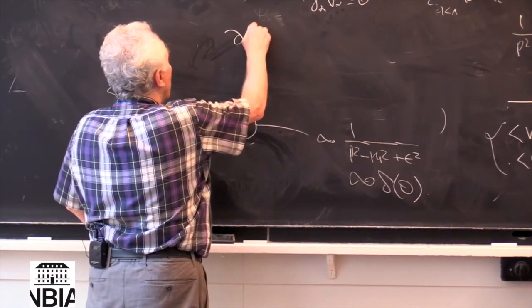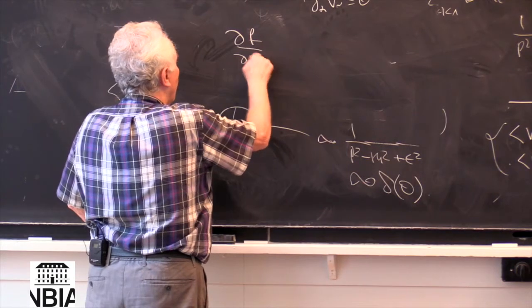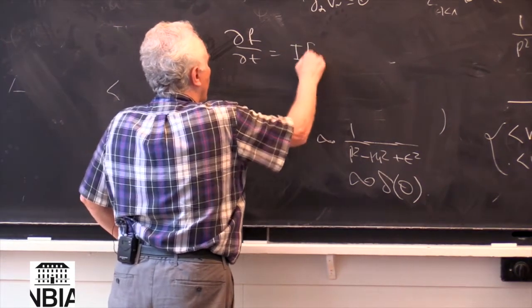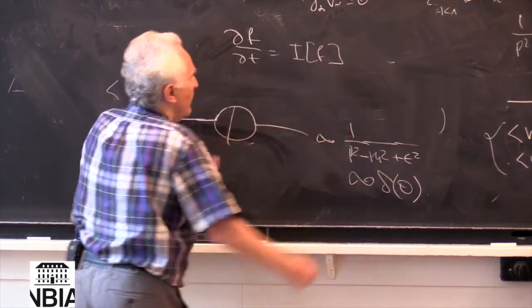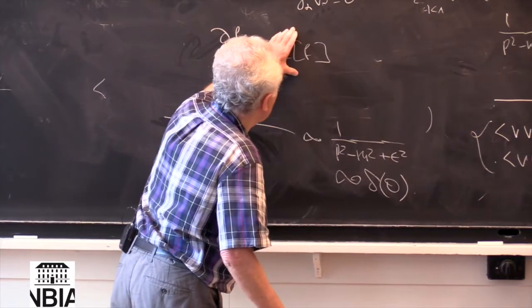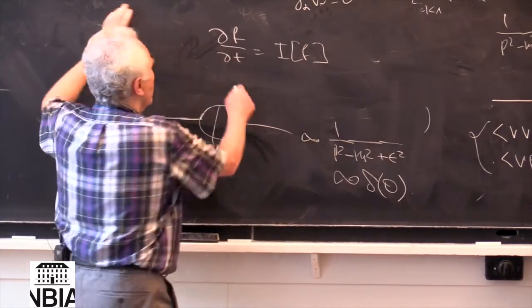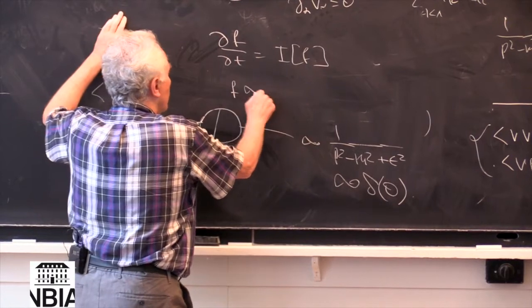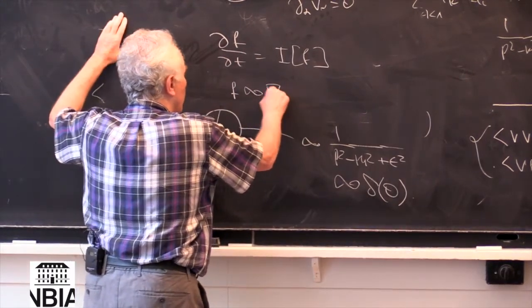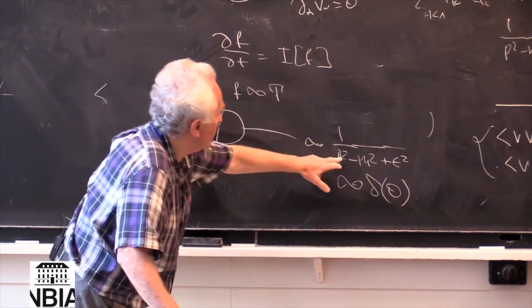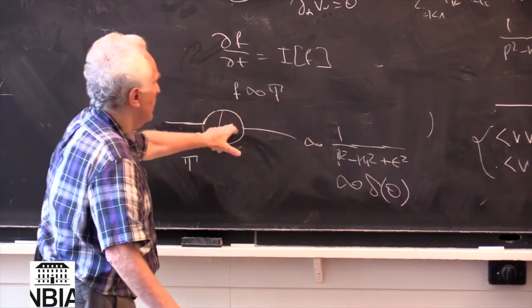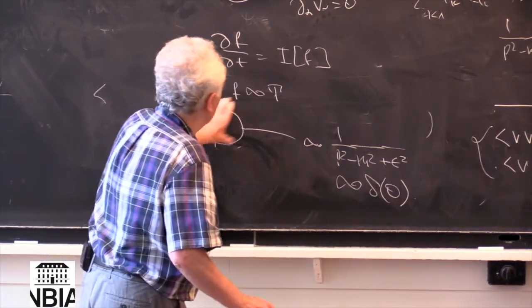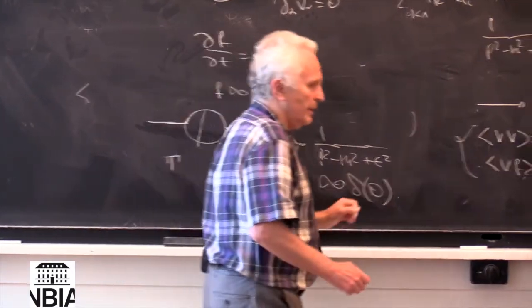You have to write down the Boltzmann equation. And if this collision integral is non-zero, then f under iteration will contain terms proportional to t. And that's precisely the term you discover by looking at the Feynman diagram with this propagator.